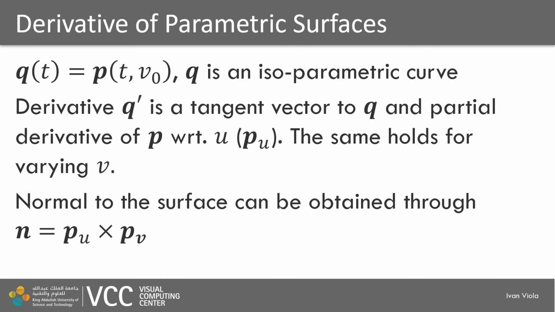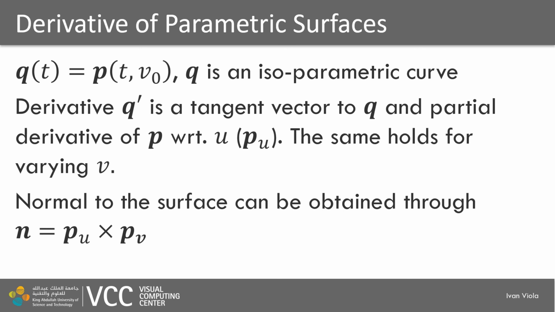Now if we switch the roles of the two parameters, so that one is fixed and the other one is varying, then we will create another isoparametric curve with respect to the other fixed parameter. And again, the derivative at that position will give us the tangent vector to this other isoparametric curve.